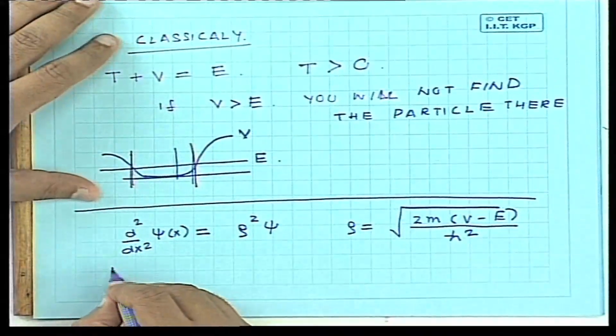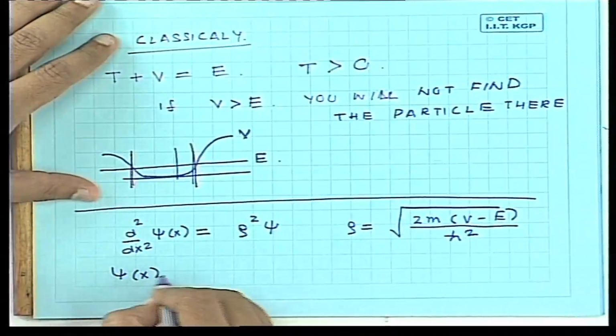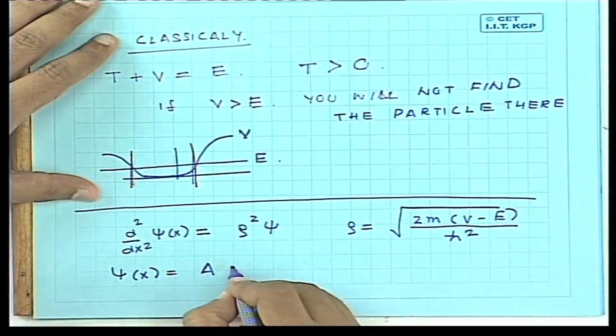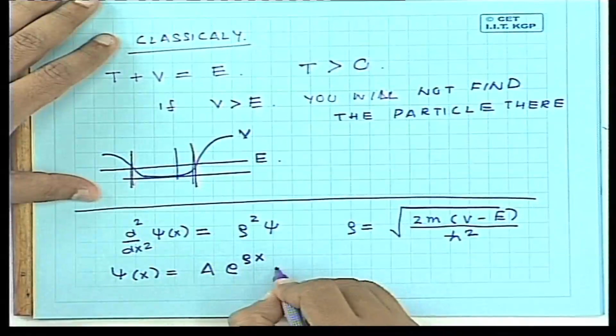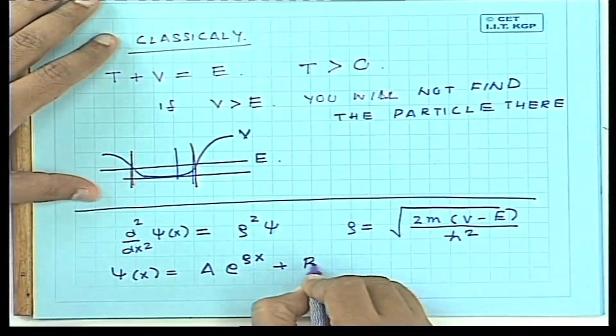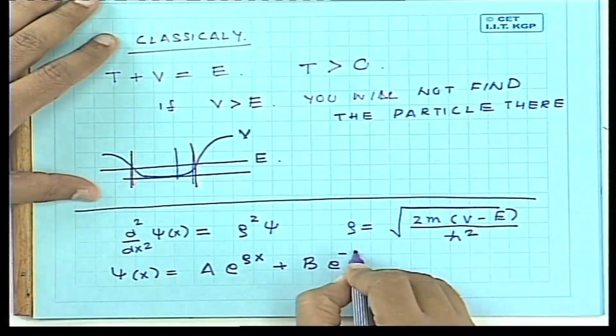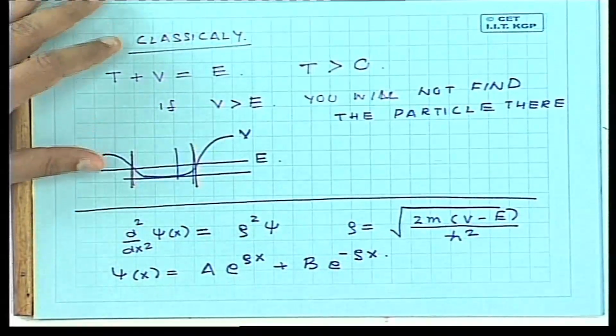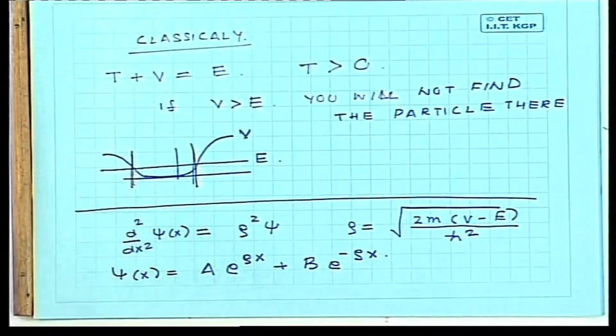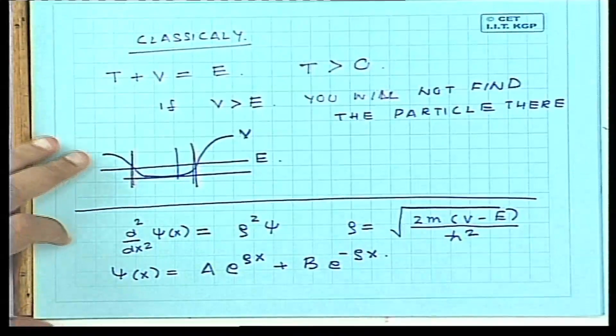And the solution of this equation is also very simple. It is equal to A e to the power rho x plus B e to the power minus rho x. So there is a qualitative difference in the form of the wave function depending on whether the energy is greater than the potential or less than the potential.